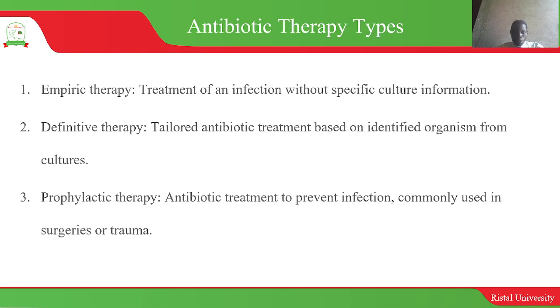Let's look at antibiotic therapy types. There's what we call empiric therapy. This is a treatment of infection without specific culture information. For example, a patient is presenting with signs typical of meningitis, maybe stiff neck and all the rest. And this happens in a remote health facility where you don't have the capacity to do culture and sensitivity.